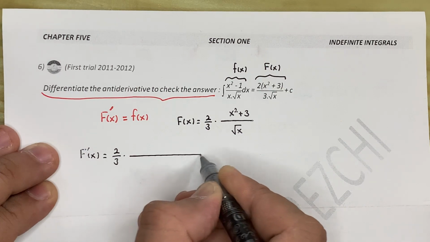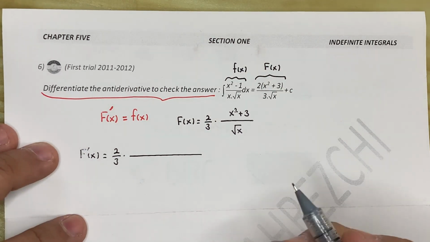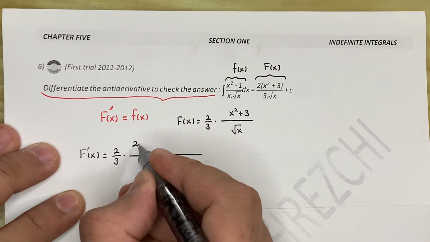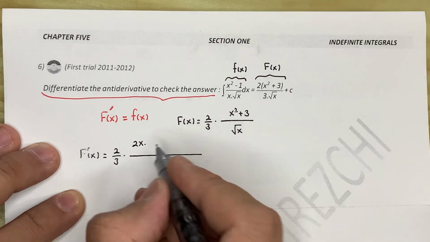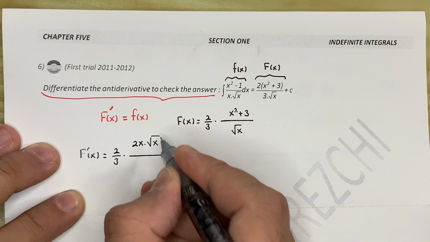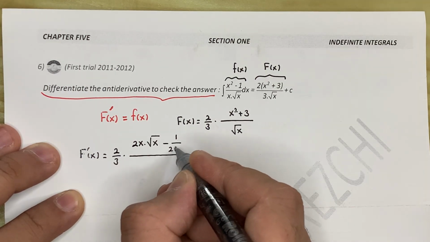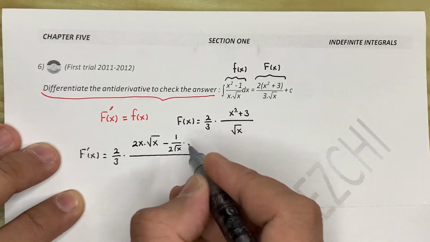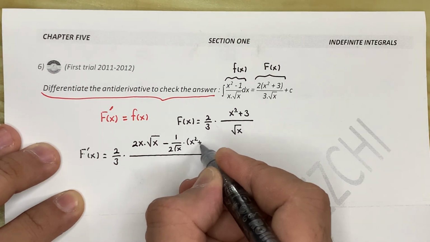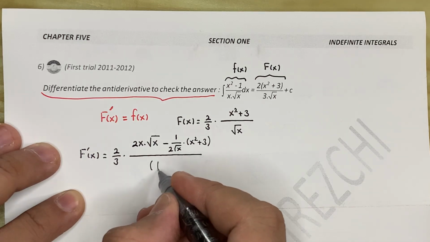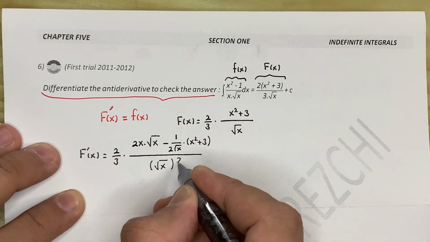You must remember the quotient rule for the derivatives in chapter 3. Numerator's derivative 2x times denominator square root of x, minus denominator's derivative 1 over 2 square root of x times numerator x squared plus 3, divided by denominator square root of x, all squared.